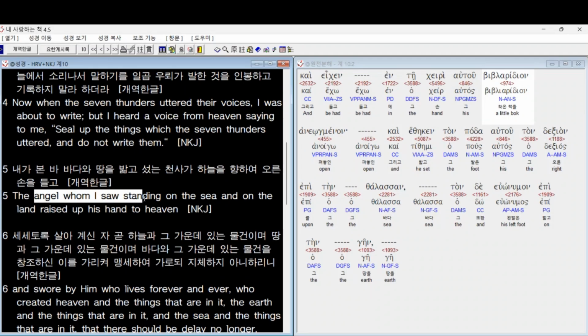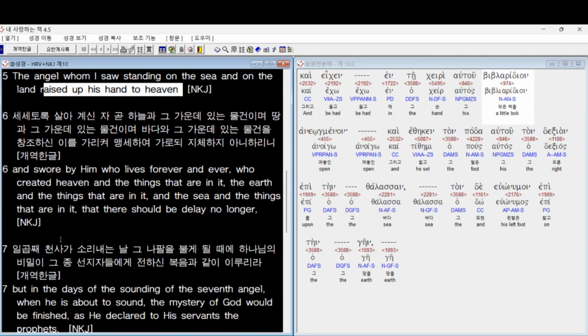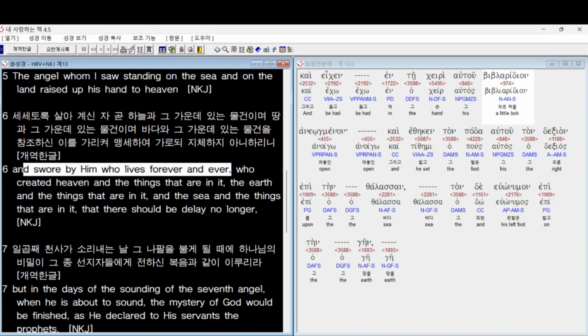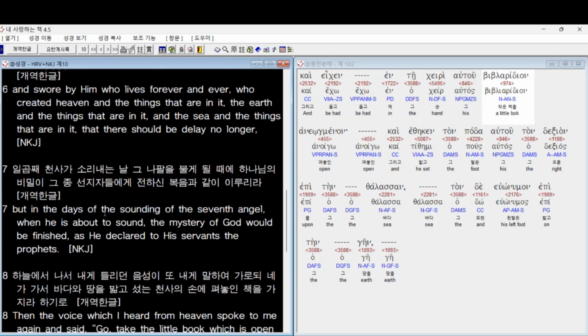The messenger whom I saw standing on the sea and on the earth raised up his hand to heaven and swore by him who lives forever and ever, who created the heaven and the things in it, the earth and the things in it, the sea and the things in it, that there should be delay no longer. And the sixth day is about to open by sounding the seventh trumpet.